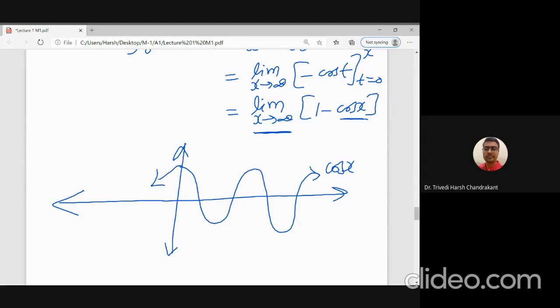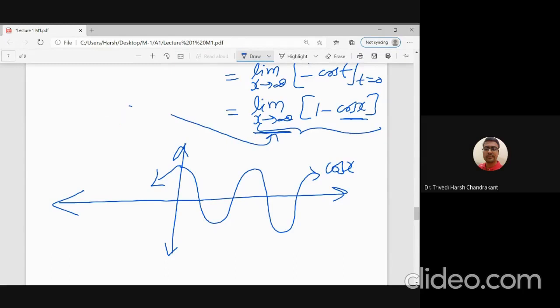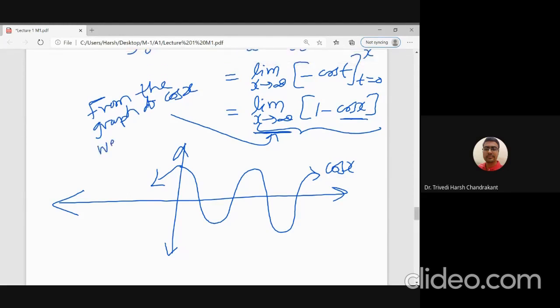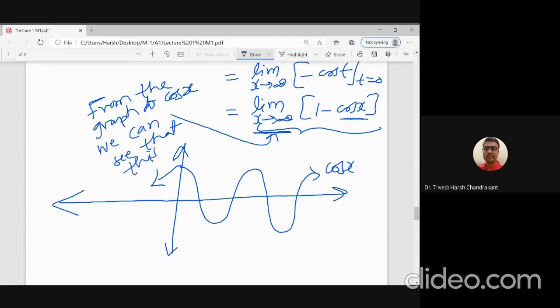Since it is oscillating, this limit does not exist.